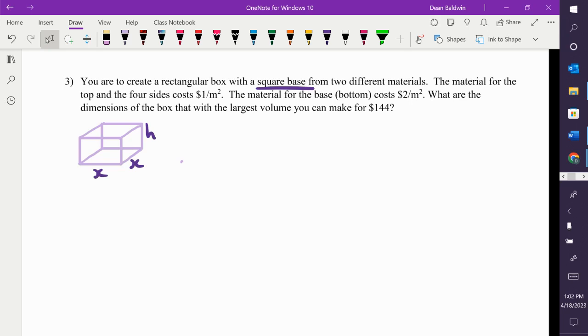The material for the top and the four sides costs $1 per square meter. And the material for the bottom, because it has to be stronger, costs $2 per square meter. What are the dimensions of the box with the largest volume that you can make for $144? So we know it's going to be volume. Volume is going to be x squared h, just like the one we just did.